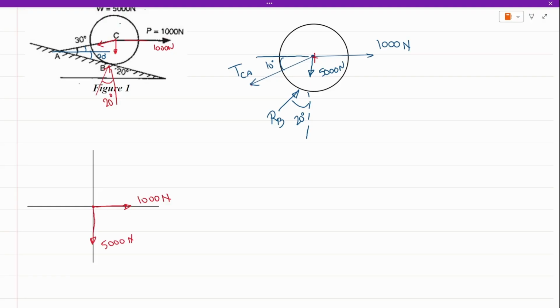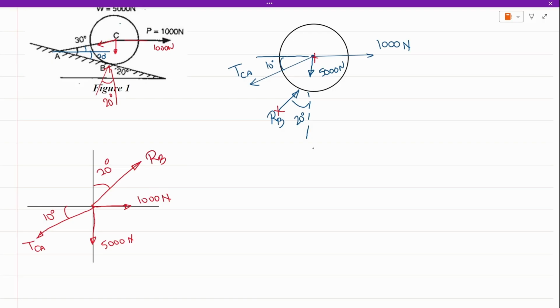TCA goes into the third quadrant at an angle of 10 degrees with respect to the x-axis. RB goes into the first quadrant, 20 degrees with respect to the y-axis. So these are my forces. The next step is to identify our unknown forces, RB and TCA.